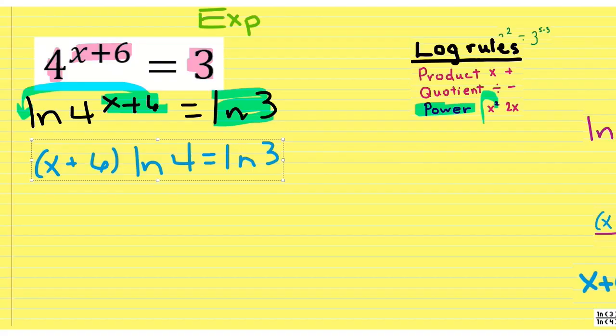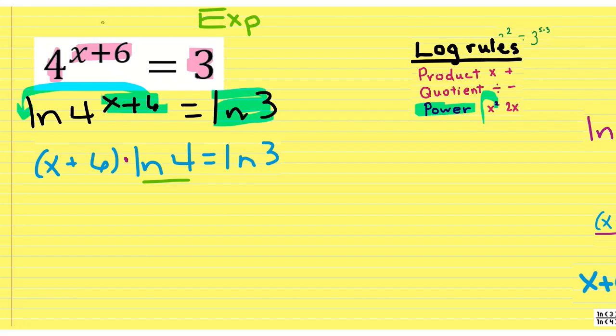And so now I have x plus 6, the expression, times the natural log of 4 is equal to the natural log of 3. And like I said, this natural log of 4 is just a number, and this natural log of 3 is just a number. So guess what that means?